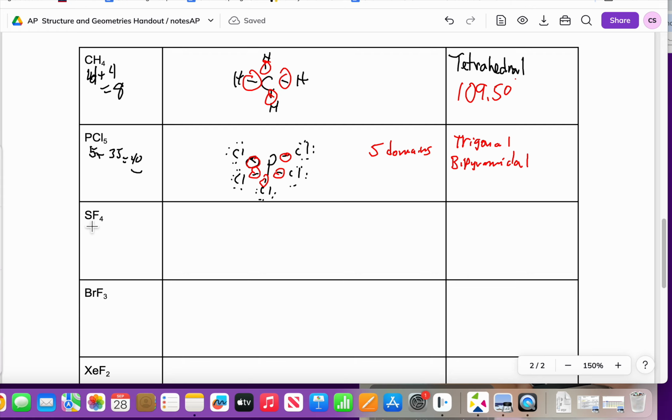Okay, let's do SF4. Sulfur has 6 valence, fluorine has 7, but there's 4, so that's 28, and that's 34 total electrons. We'll put sulfur in the middle and fluorines on the outside, 1, 2, 3, 4, and then you put 8 around everything on the outside.